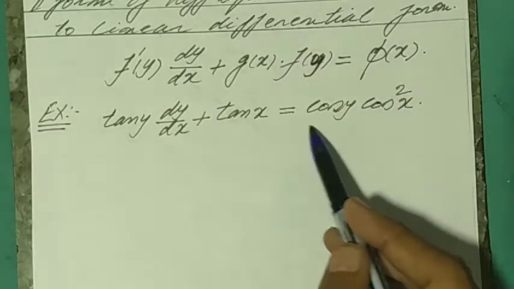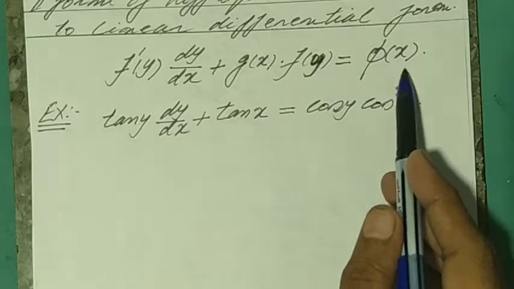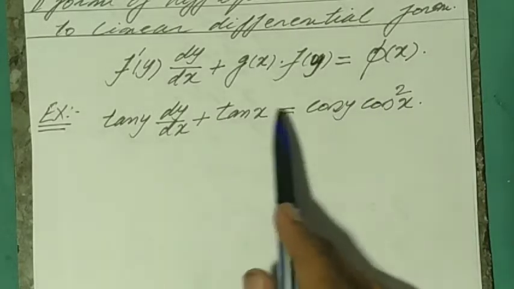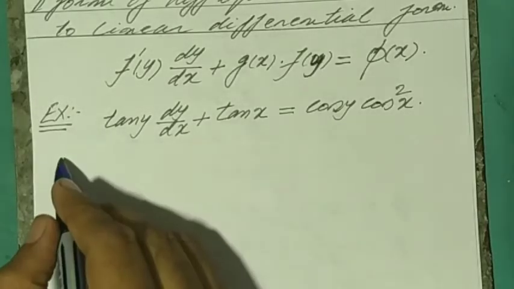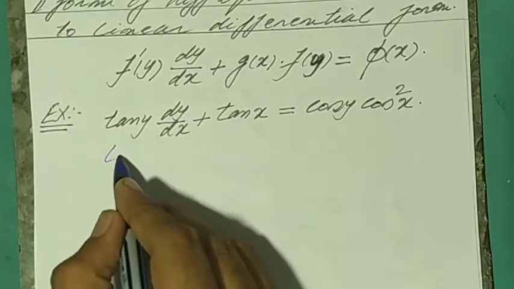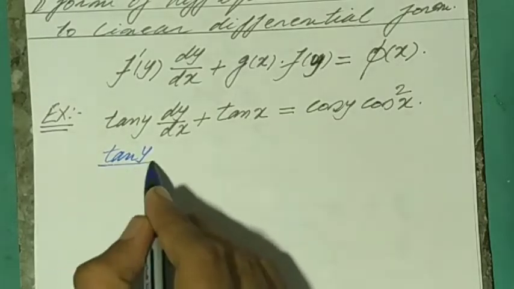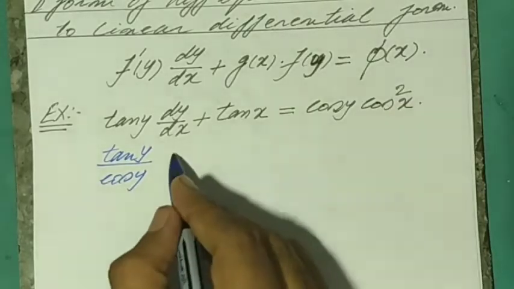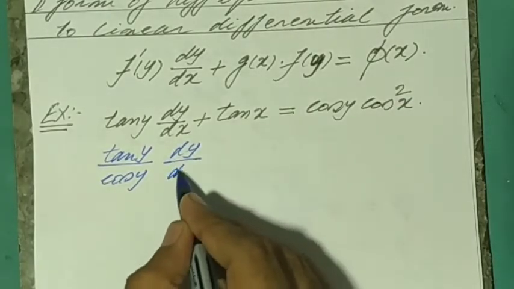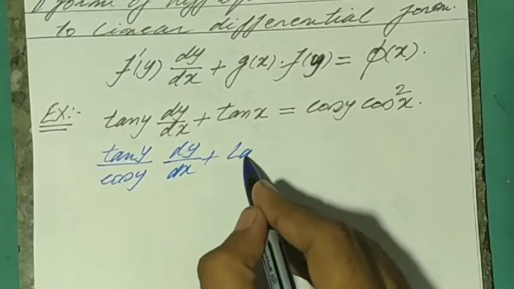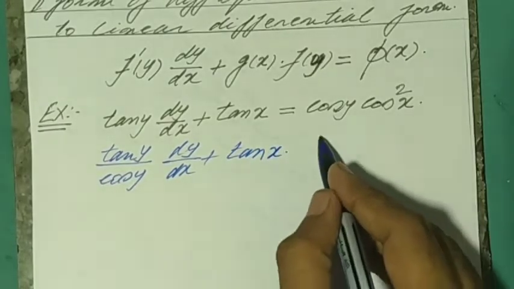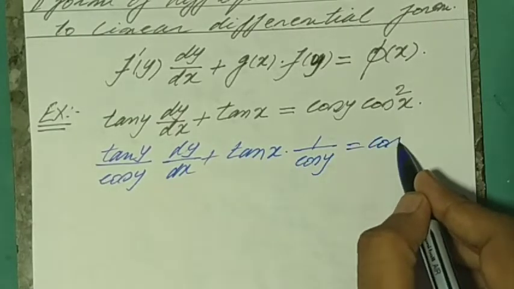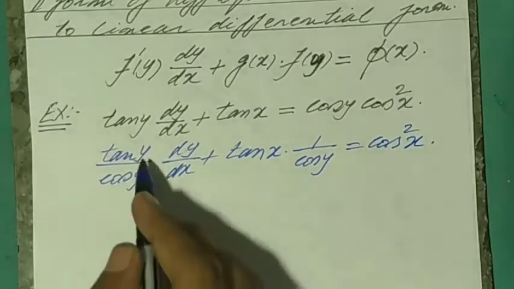So to make the right hand side only a function of x like phi x, we need to transpose cos y from the right hand side to the left hand side, so it will divide both the terms. So we may write it as tan y upon cos y, by dividing both sides by cos y, dy upon dx plus tan x into 1 upon cos y is equal to cos square x.